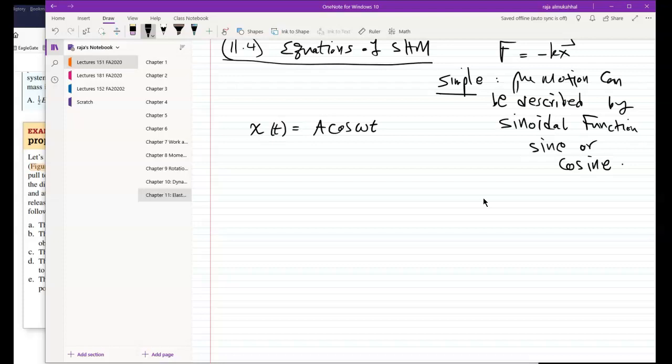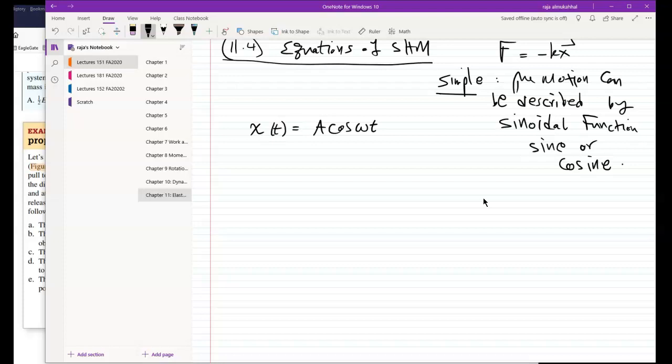You have to come up with what is called the equation of motion, which is a second order differential equation that you have to solve. But here, I'm just giving you the simple version of it. So A cosine omega t is the displacement of that oscillating object. Okay, where omega here is, of course, the angular frequency and A is the amplitude.